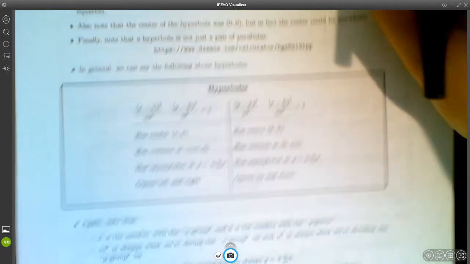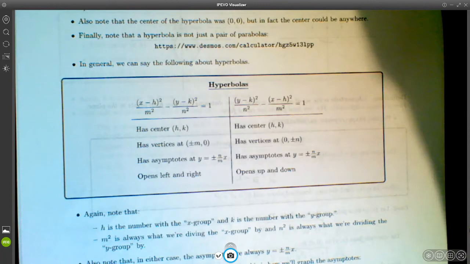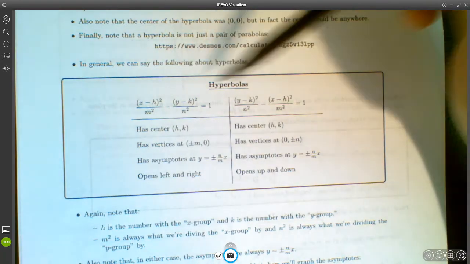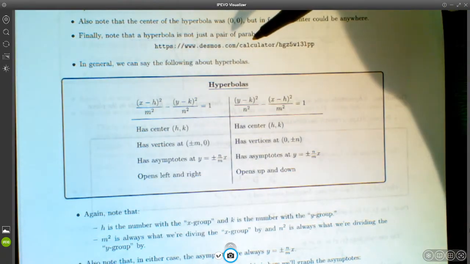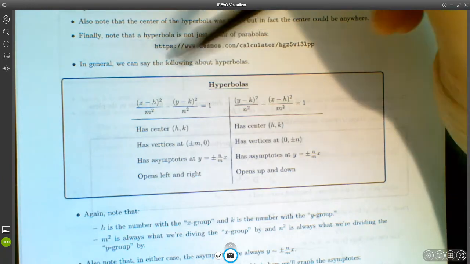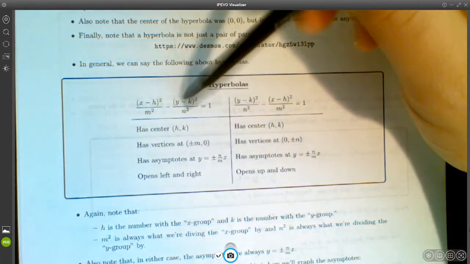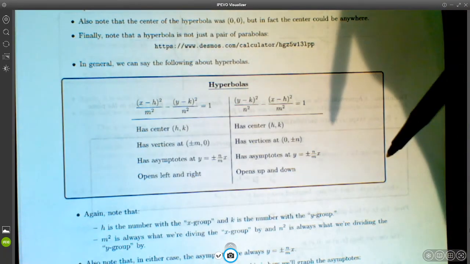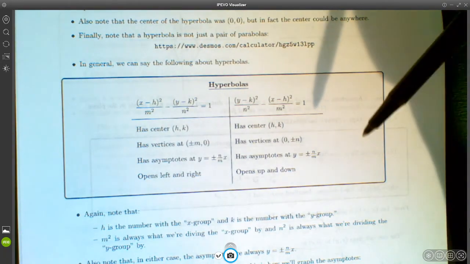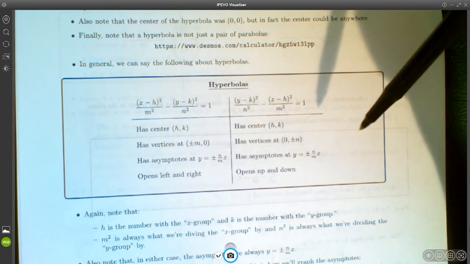For graphing purposes, here's what I'm going to say about hyperbolas. Instead of using a and b, which mean something very specific, I'm going to use m and n. m is always going to be the thing that we divide the x group by, and n is always going to be the thing that we divide the y group by. That's not true of a and b, which is why I'm changing the letters here.